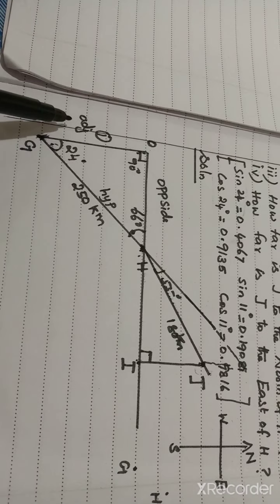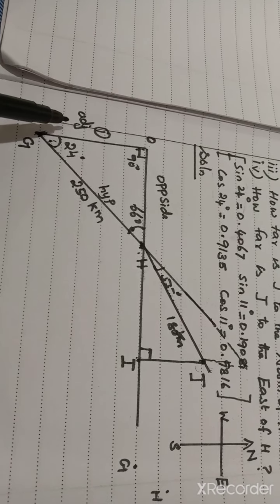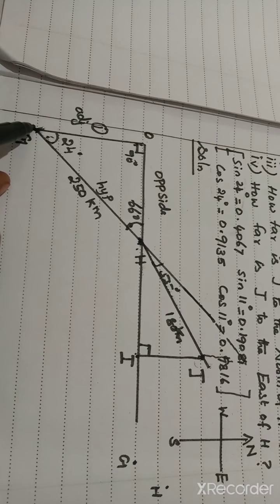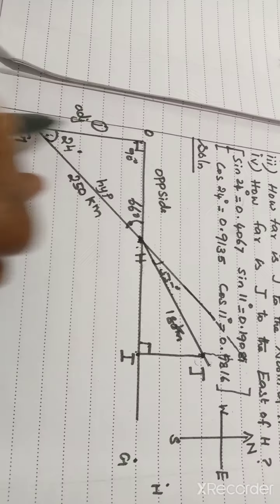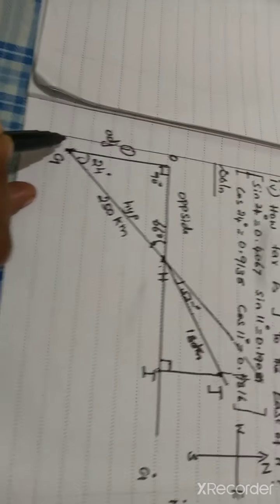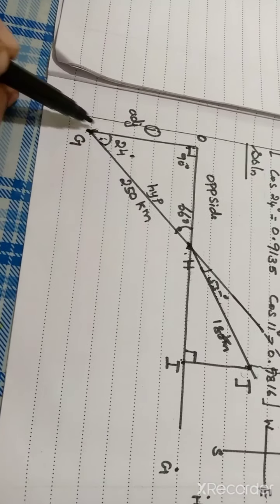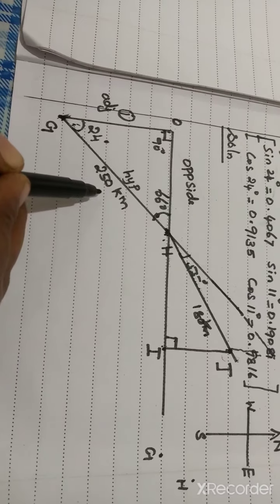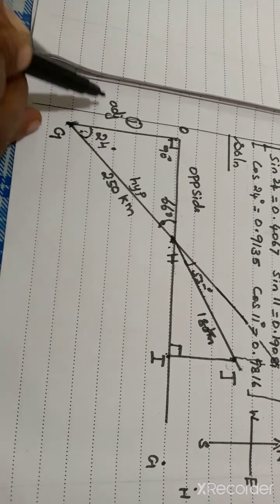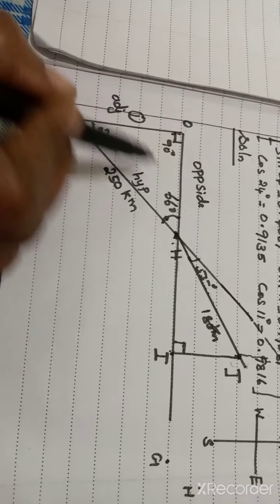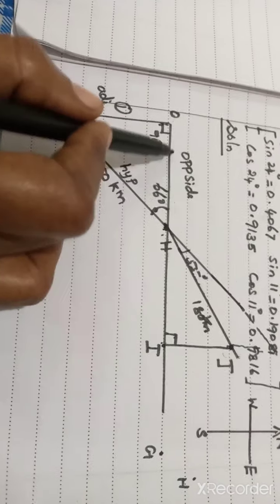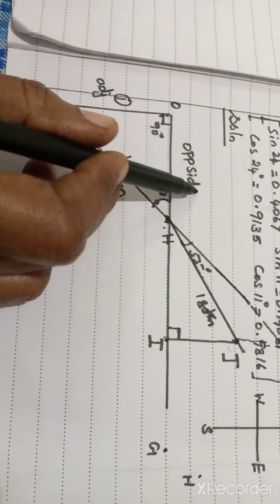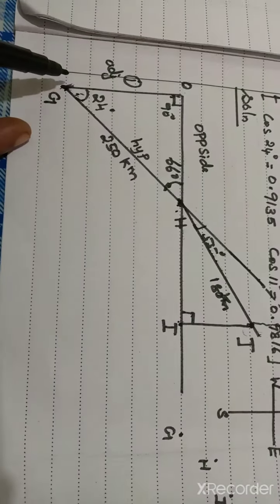Okay. First subdivision is how far is height to the north of G. So north means this direction. So OG distance we have to find out. OG means here adjacent side. So here hypotenuse value is there. Adjacent we have to find out. Opposite is not given, so if you use opposite and adjacent, we cannot find out.